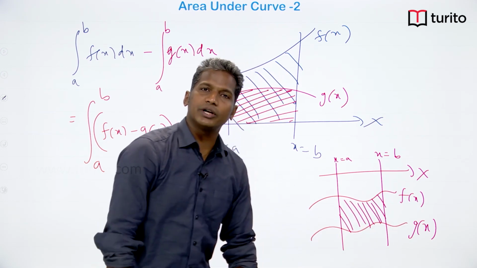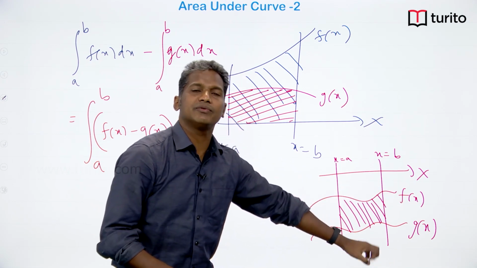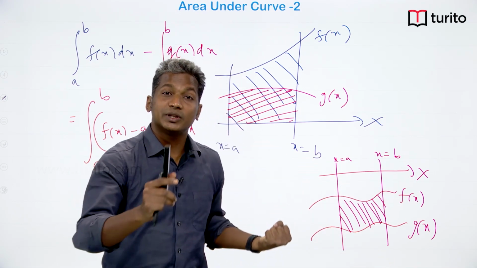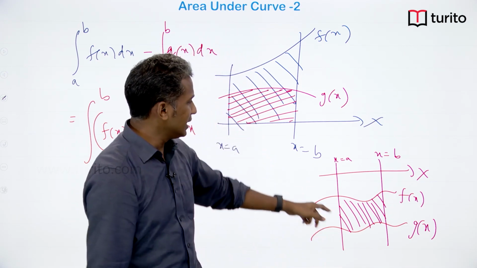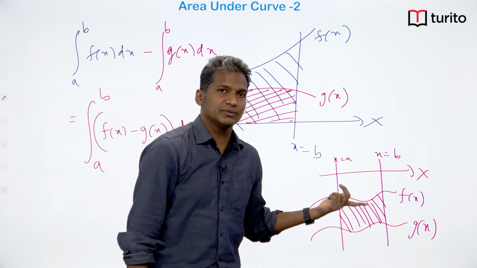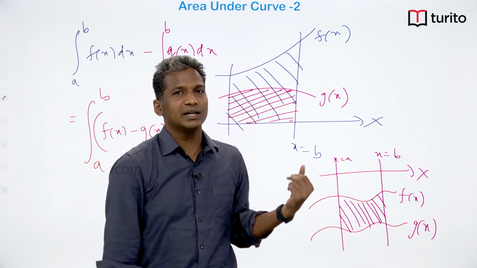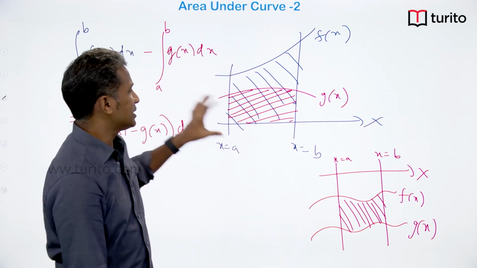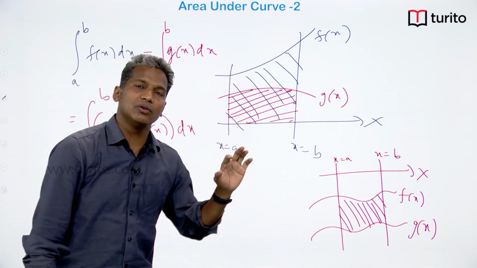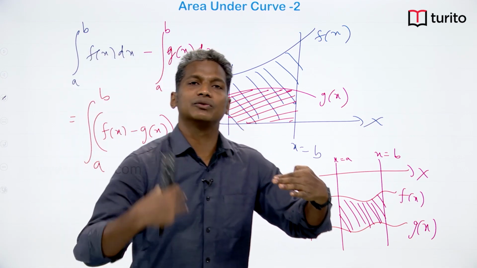So, here also what you do is above function minus below function, if you do it, you will get the area with positive sign only, because here f of x is less positive and g of x is more positive. So, if I subtract g of x from f of x, naturally we are getting a positive value there. So, that is how we get the area to be always positive if we follow this rule that we have to subtract the below function.